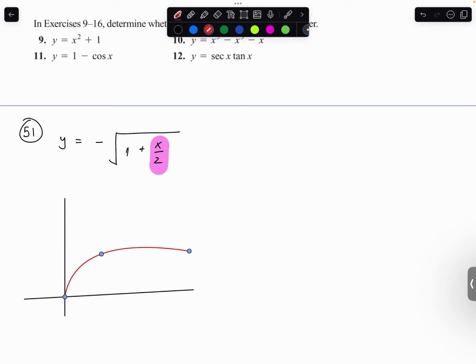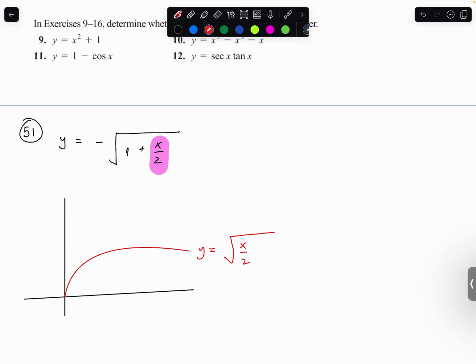Let's say this is our graph of y equals square root of x over 2. Now we need to add 1 to it. If you remember, if you add 1 inside the square root, it is exactly moving this graph 1 unit to the left.